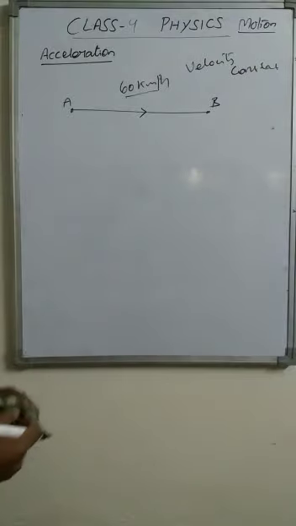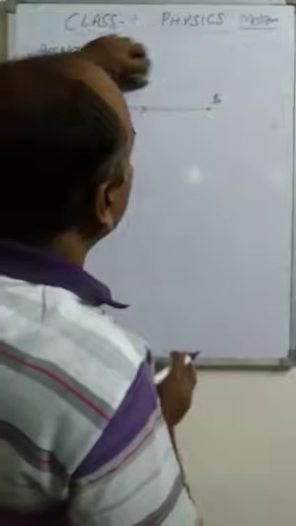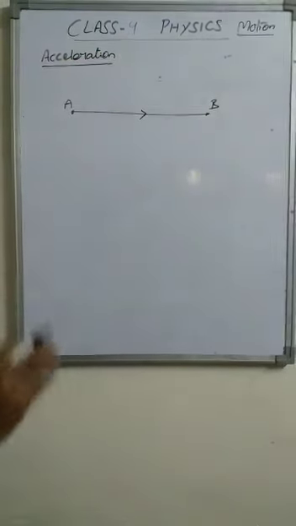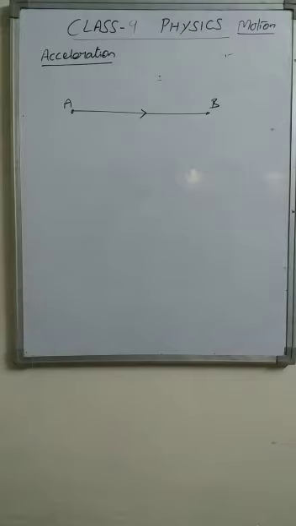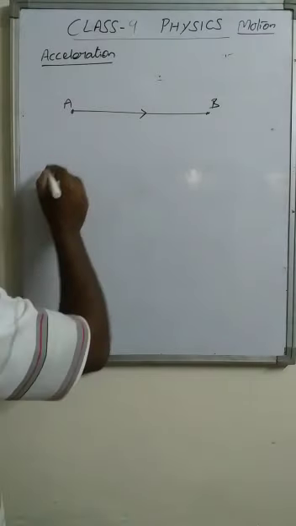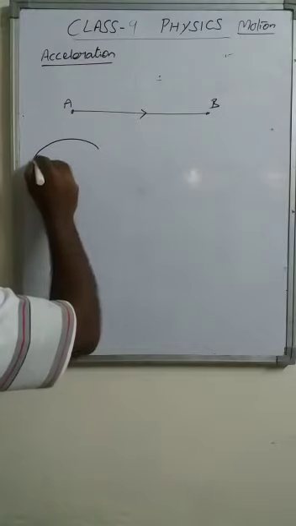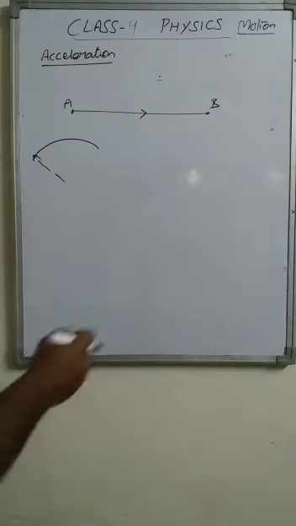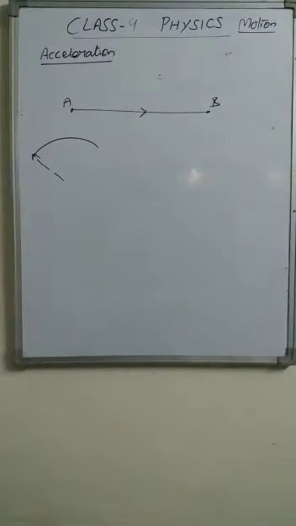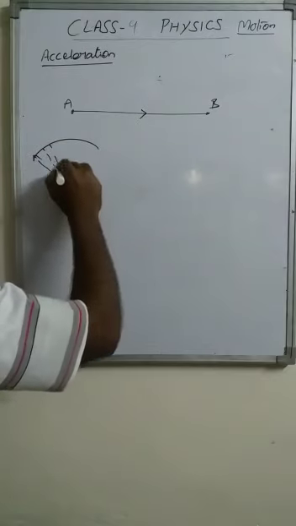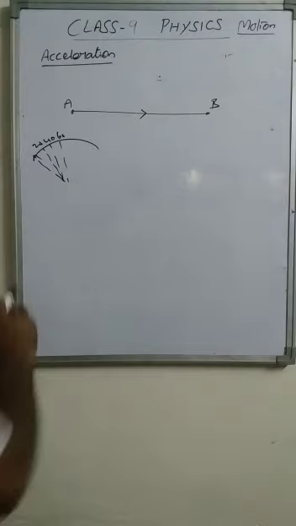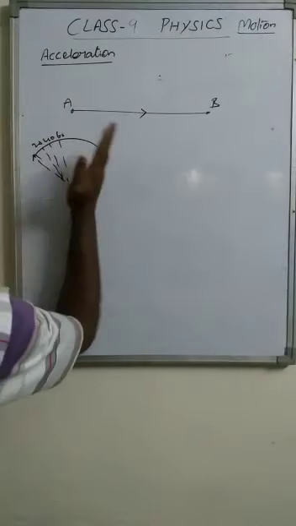In the second case, if we see the speedometer continuously, in the beginning the pointer was at 0. As the vehicle is moving along this line, the pointer continuously moves towards right. Suppose it is 20, 40, 60.